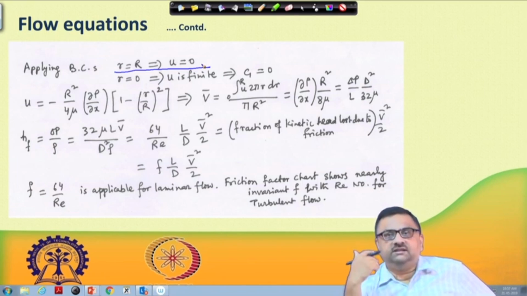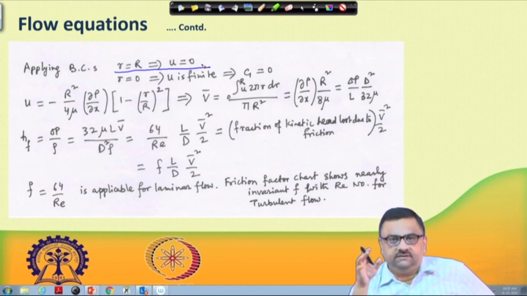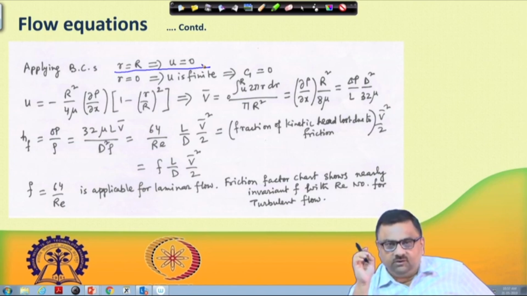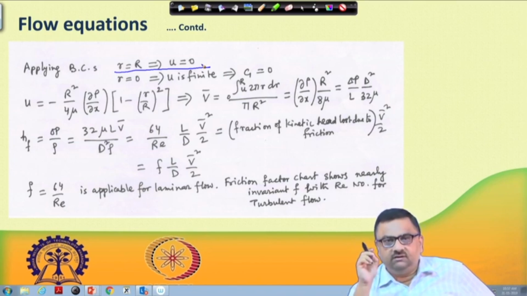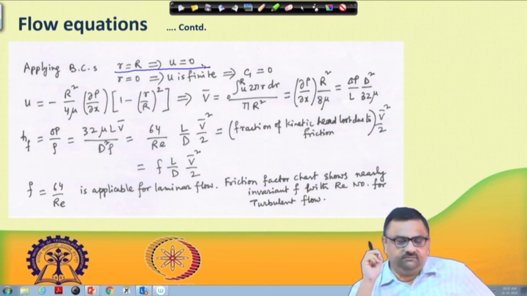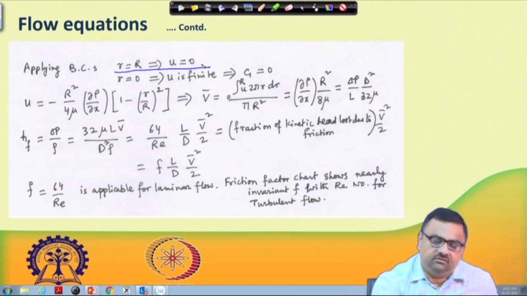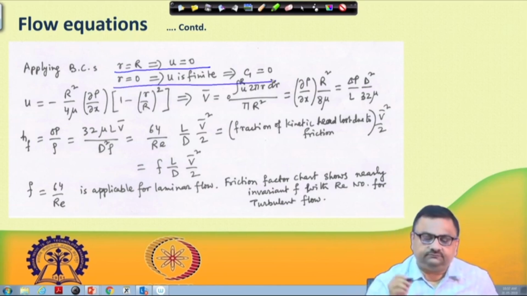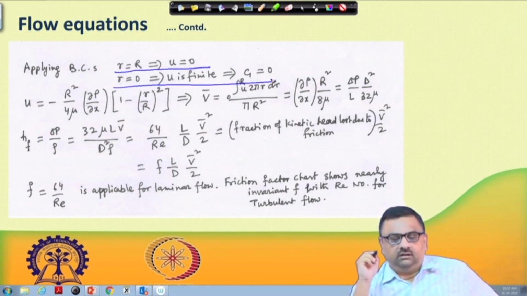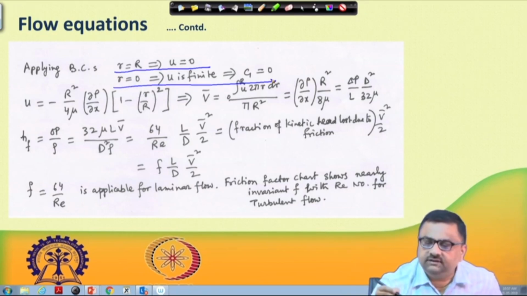That is the no slip boundary condition: the fluid in contact with the wall is static. And at r equal to 0, u is finite. Why is u finite at r equal to 0? What is the implication of this?